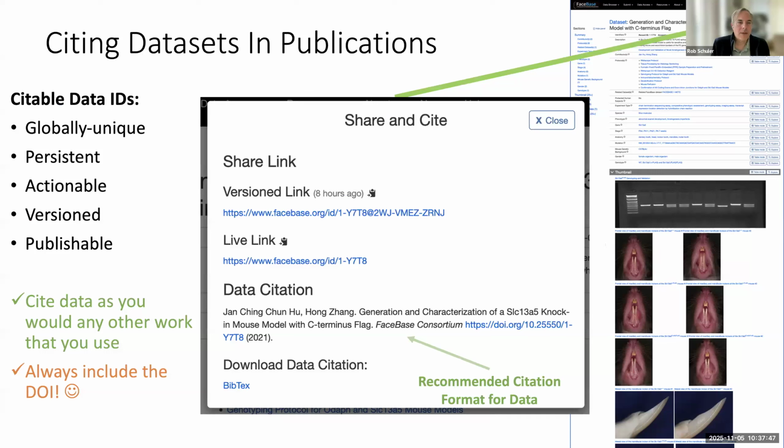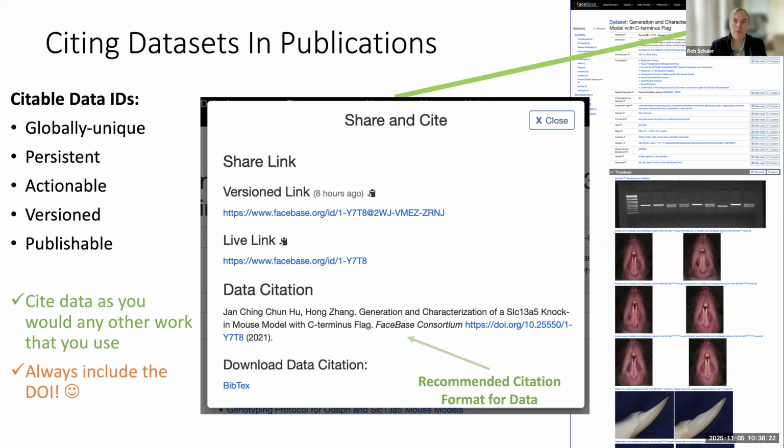Okay, and then all data sets include a description and download of citation metadata. So again, in that upper right-hand corner, there's a link for sharing and citing data. This will bring up a dialog window, as you see here in the center, and it has both what we call a versioned link and a live link. So with that versioned link, if you want an exact snapshot of this page that will always return to exactly this collection of information, you use this versioned link.